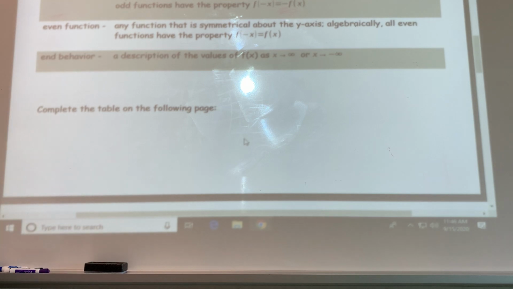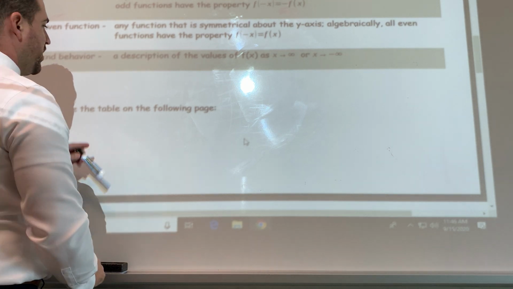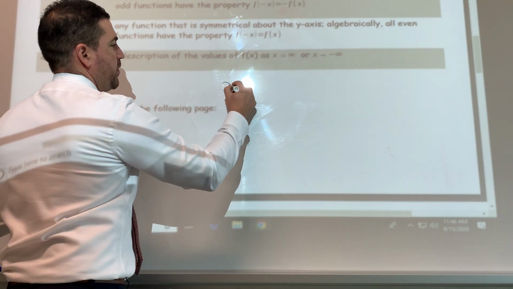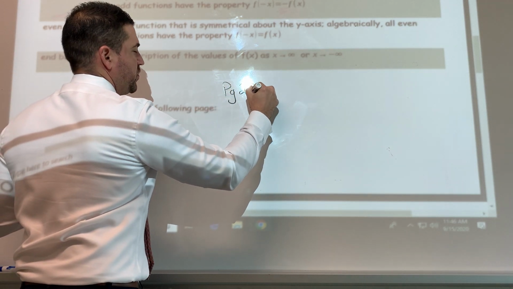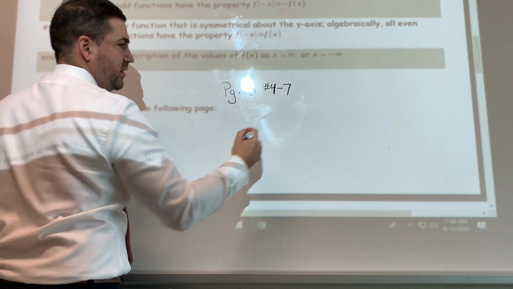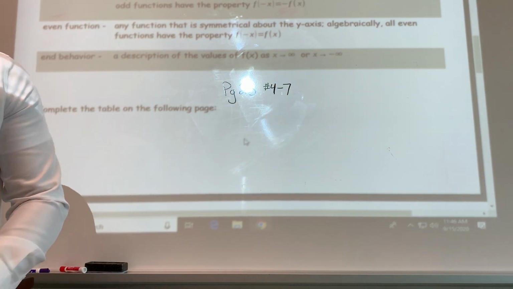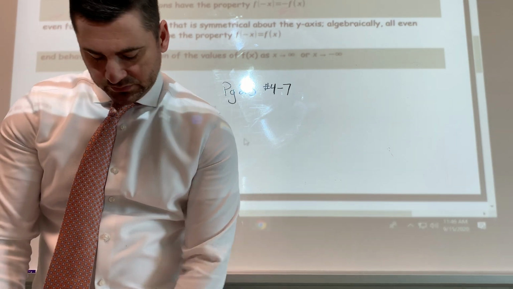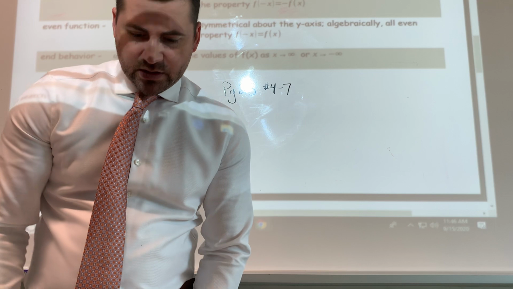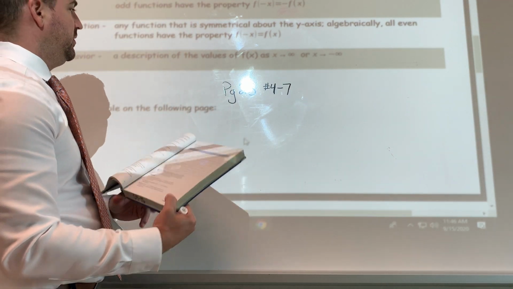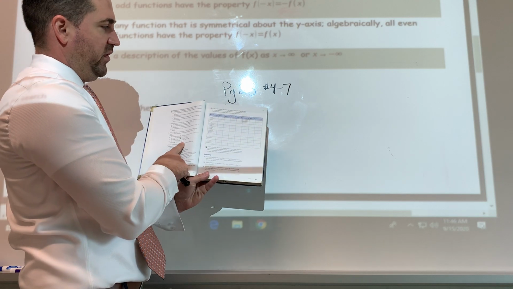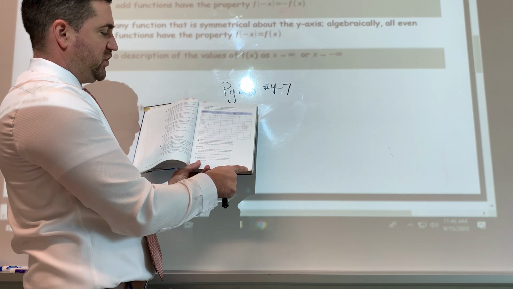Okay, so we're going to complete the table on the following page. You also are responsible for page 23, numbers 4 to 7. And then I'll show you from 1.3 that the table that you are doing, the table on the following page, is actually number 12 on page 25.